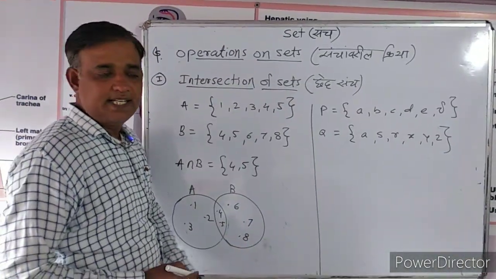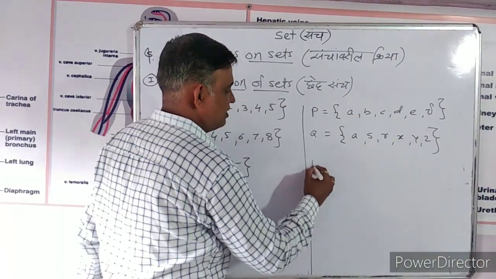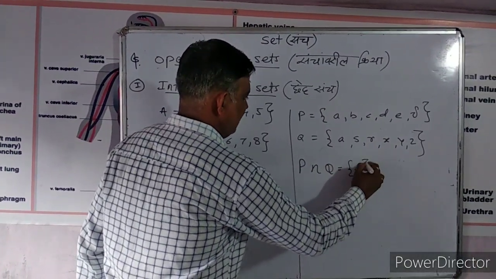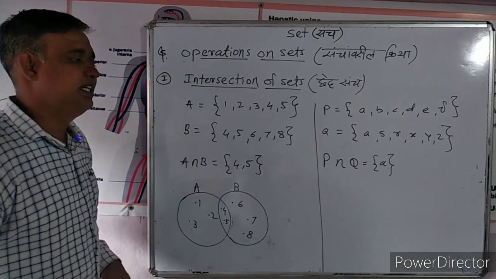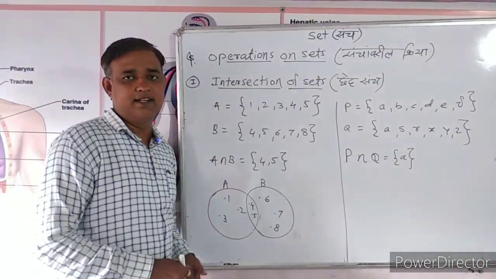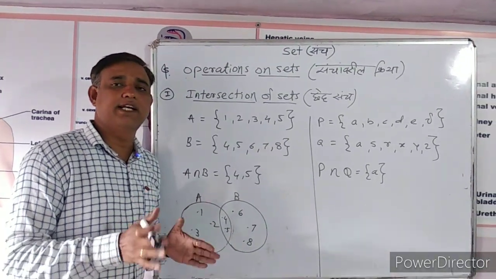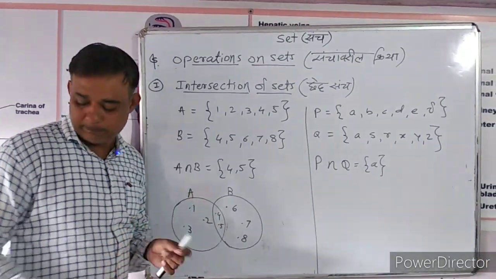If we observe both the sets, only one element is common, so we can write P intersection Q is equal to {A}. Hope you understand what intersection of sets is. Intersection means the set of common elements. Okay.